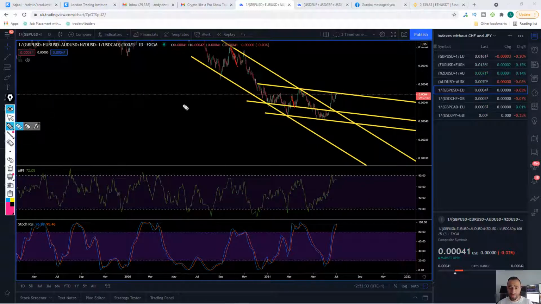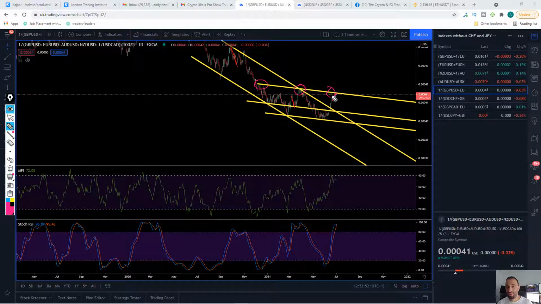Firstly, what I'd like to show you is that we are right now sitting at a channel resistance point. The market has tested it once and it's testing it again. What I've plotted here is the inverse of the dollar.